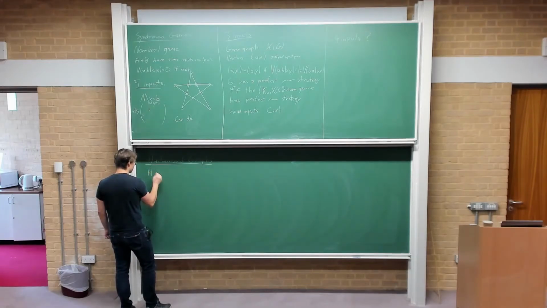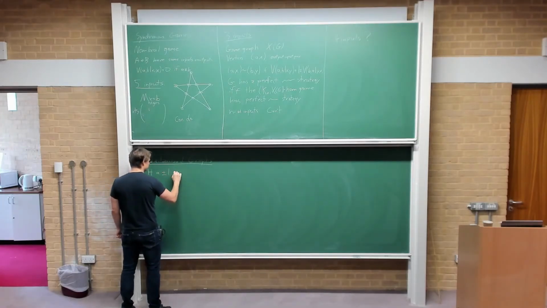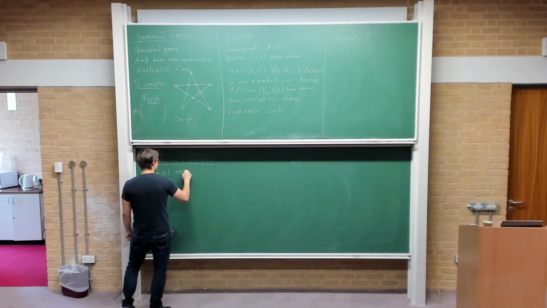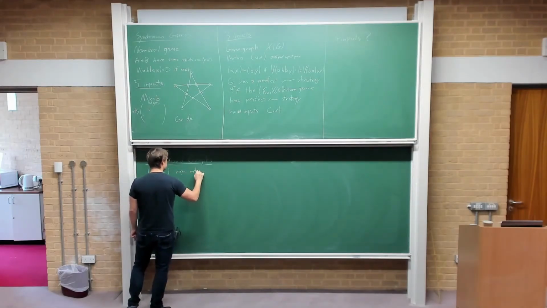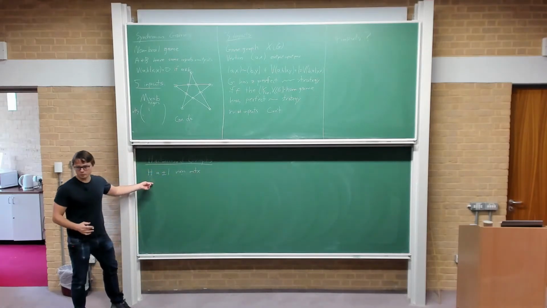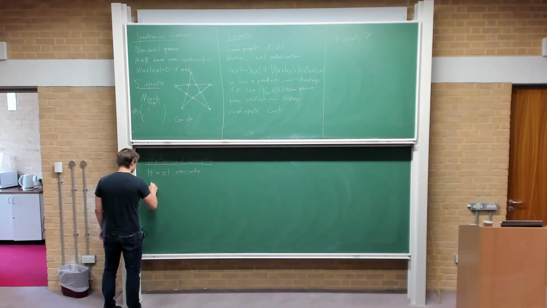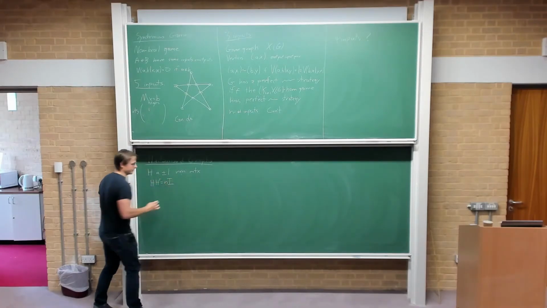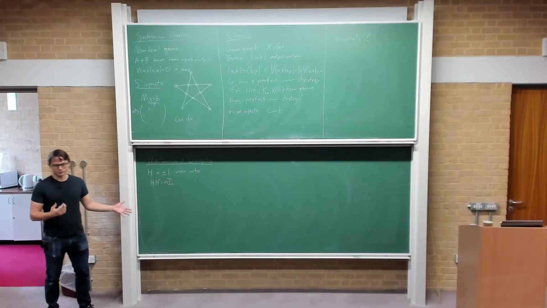It's an n by n plus or minus 1 matrix, so all its entries are either plus 1 or minus 1, and then you have that H times H transpose equals n times the identity. So it's a unitary up to a scalar.